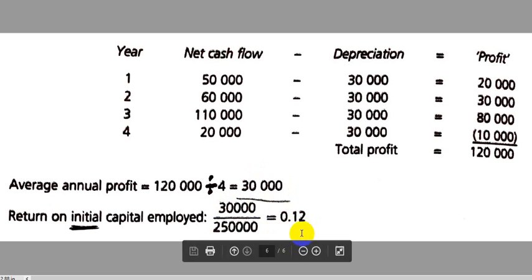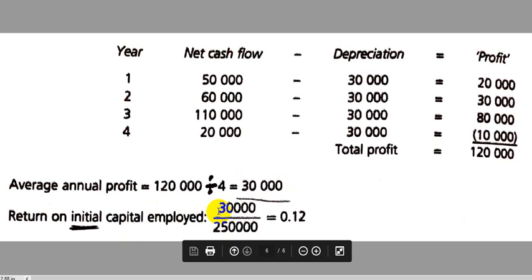So this will result in the company rejecting the project because it will not maintain the required return on capital employed. If the requirement of the problem was about the return on average capital employed, the calculation will be a little bit different.